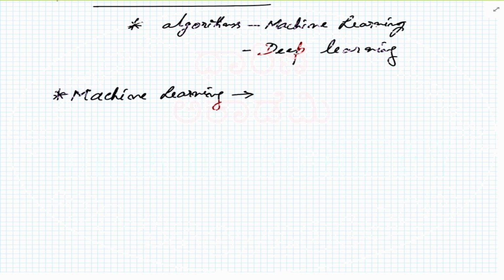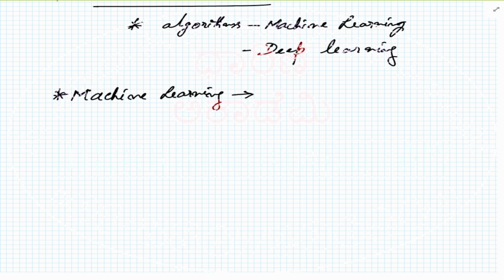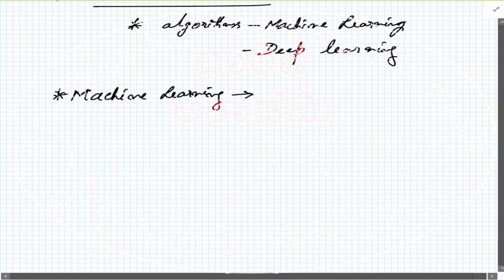So in machine learning, you always try to teach a machine how to solve a problem under the given circumstances. In the sense, you will teach the machine by training and testing. Two things are there. Training will have the training data, and the trained machine itself is called a model.